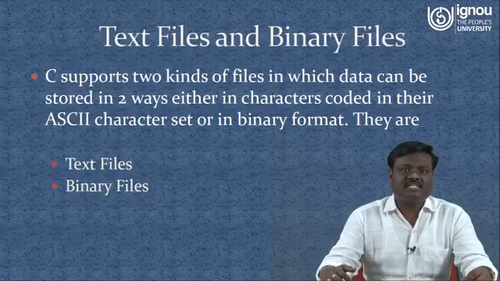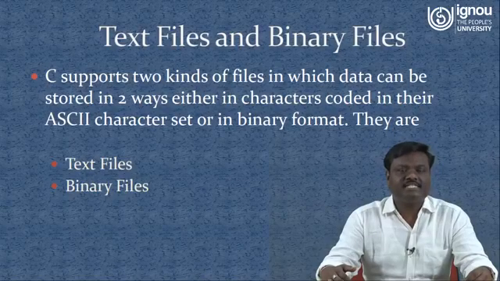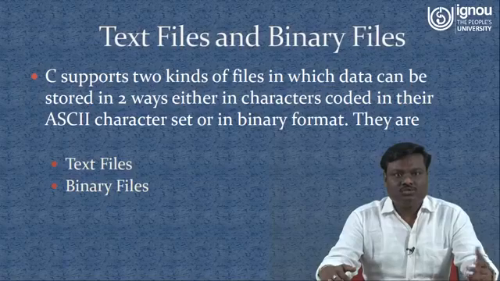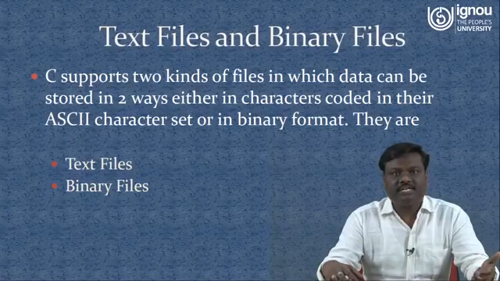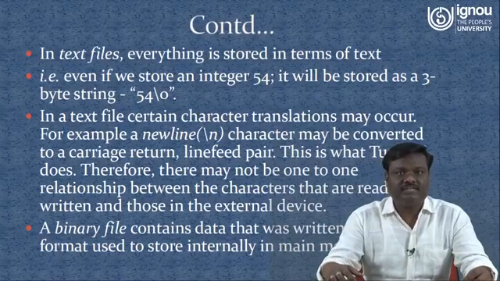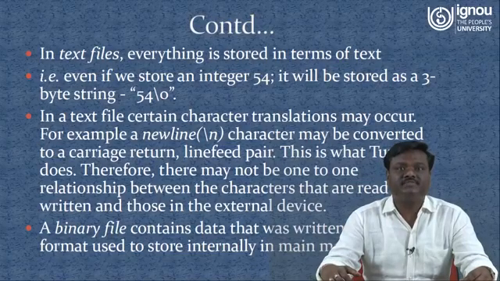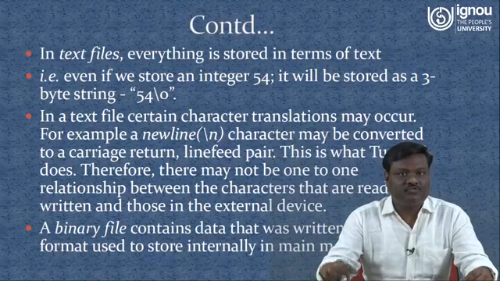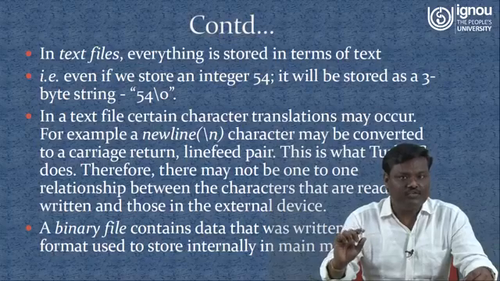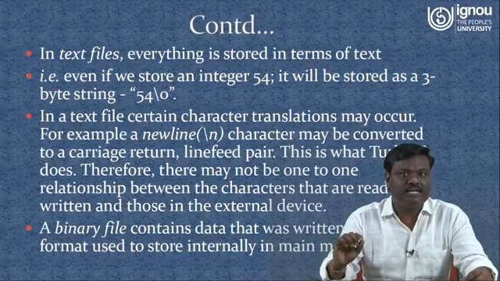So C will support two types of files. One is the text file and the other is the binary file. In the text file, as we can see, everything is stored in terms of text, and the binary is in zeros and ones. For each and every line, you may be seeing in the program that a new line character will be there.